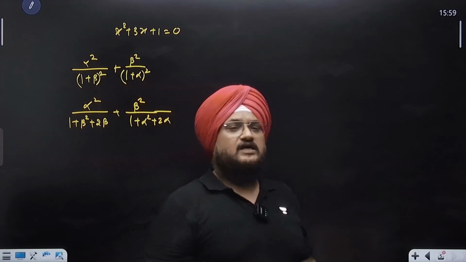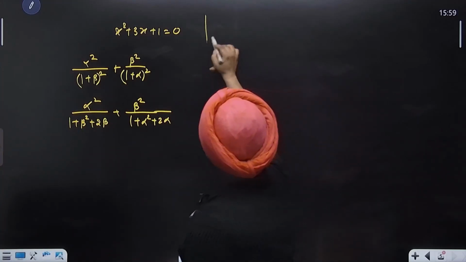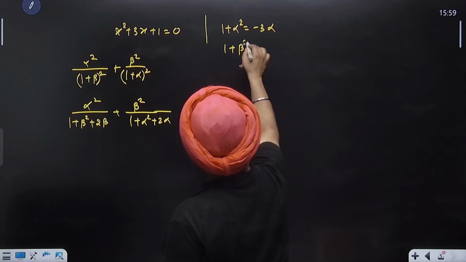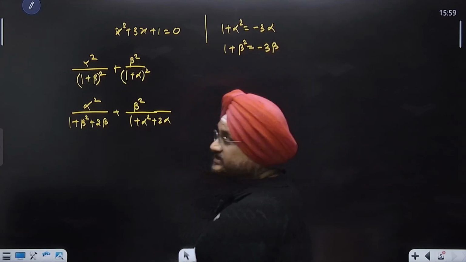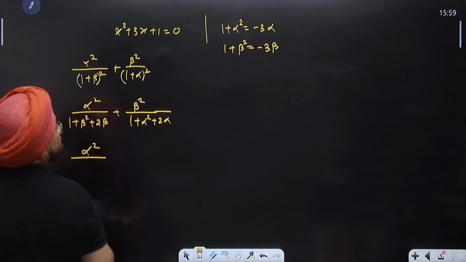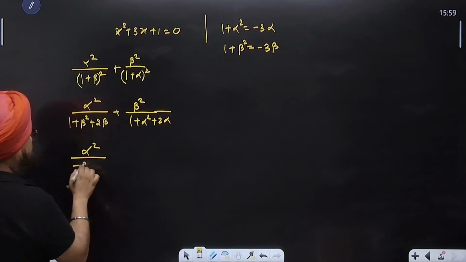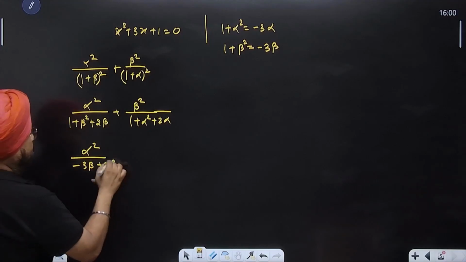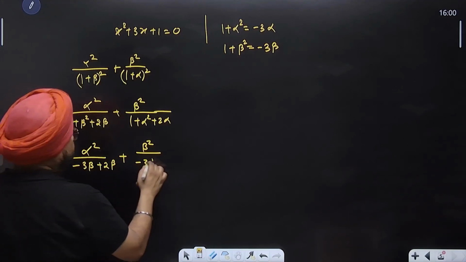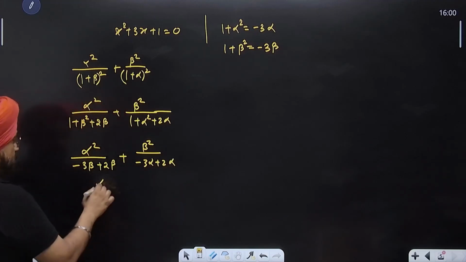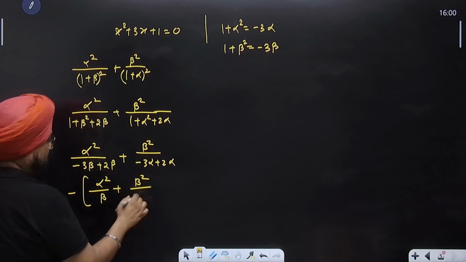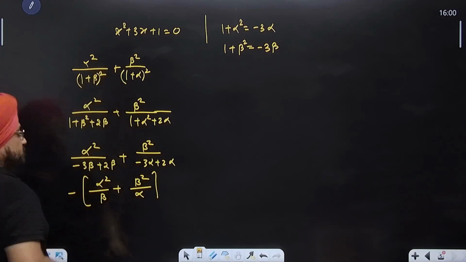If alpha and beta are the roots of this equation, then 1 plus alpha square will be equal to minus 3 alpha, and 1 plus beta square will be equal to minus 3 beta. So 1 plus beta square is minus 3 beta and 1 plus alpha square is minus 3 alpha. So this expression is quite easy to deal with respect to that expression.